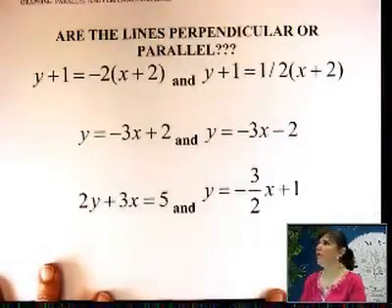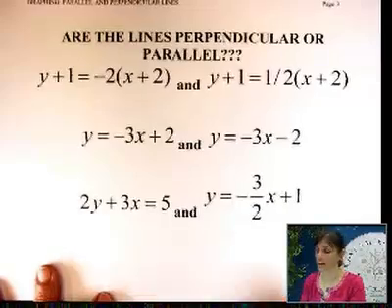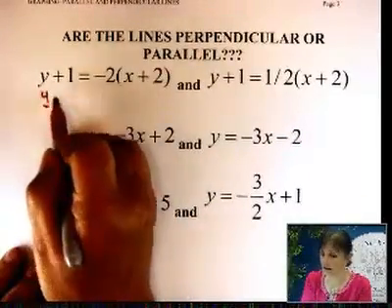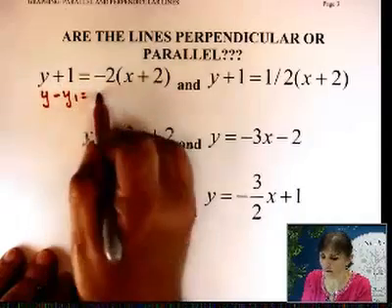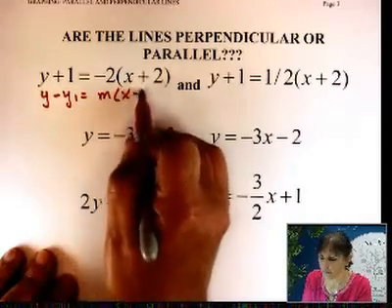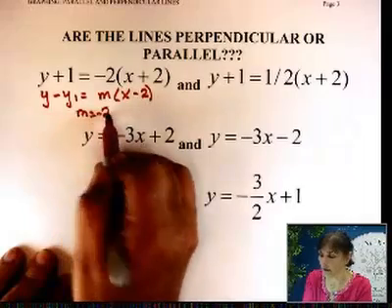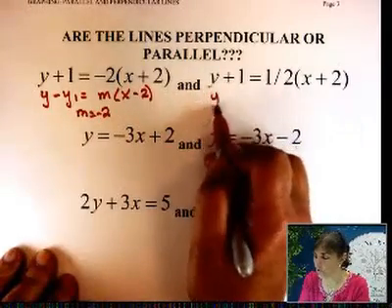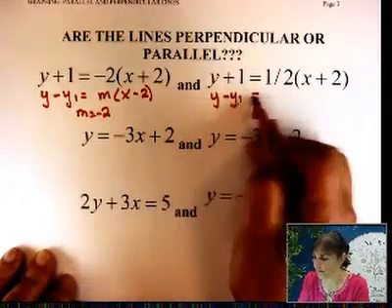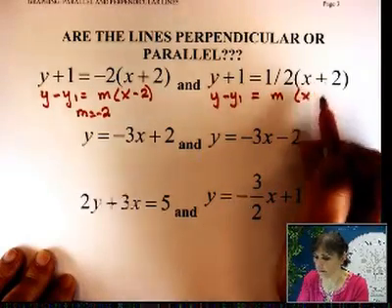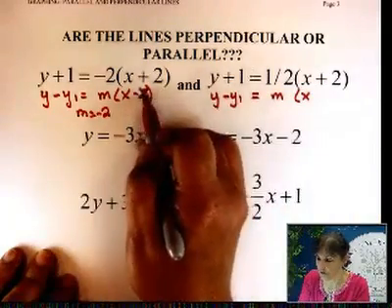Okay, are the lines perpendicular or parallel? This one and that one. This one is in point slope form. Pull out the M from here. This one is also in point slope form. Let's put X1 here.